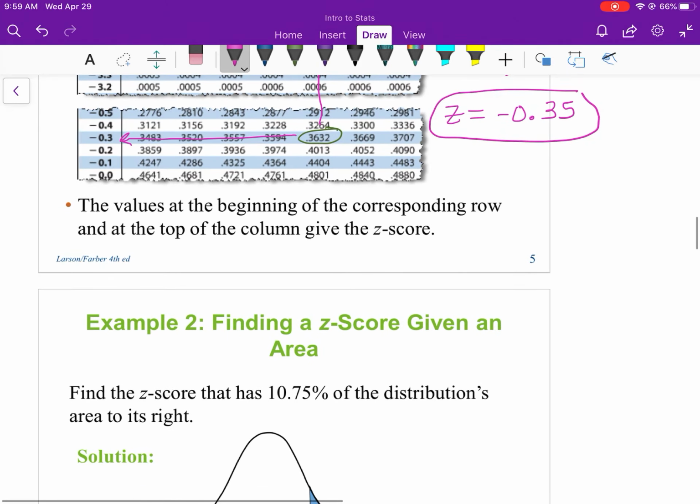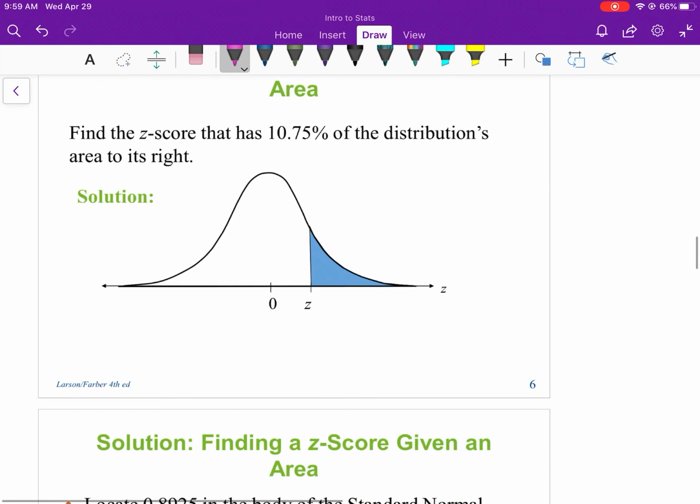Okay. This one, they're giving you a percent. The area that's shaded represents 10.75%. I'm going to write that as a decimal. We know that the table in the back is designated for the areas on the left side. So to get the area on the left side, we're going to have to take 1 and subtract it.